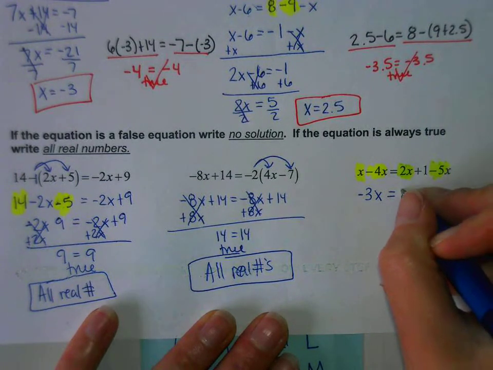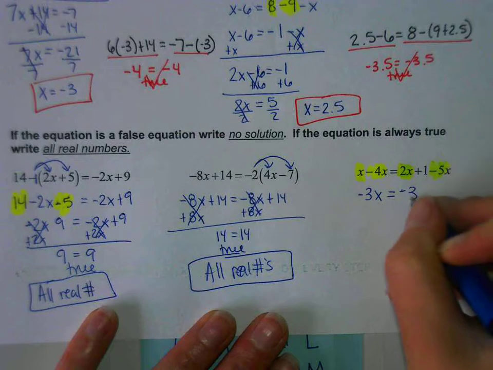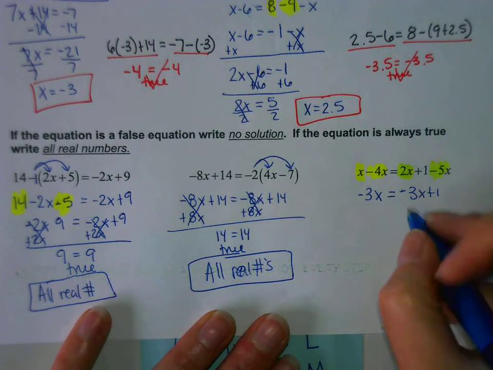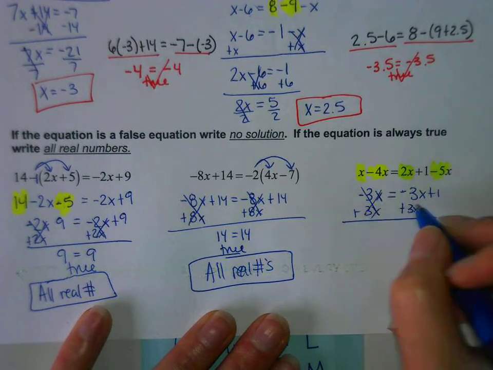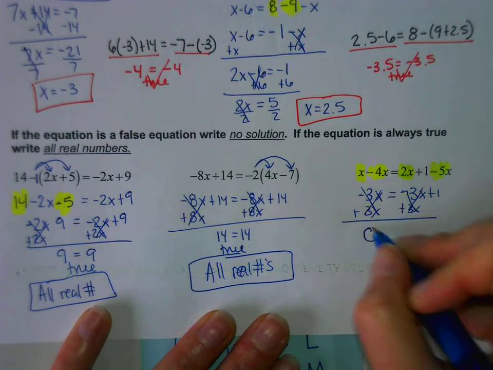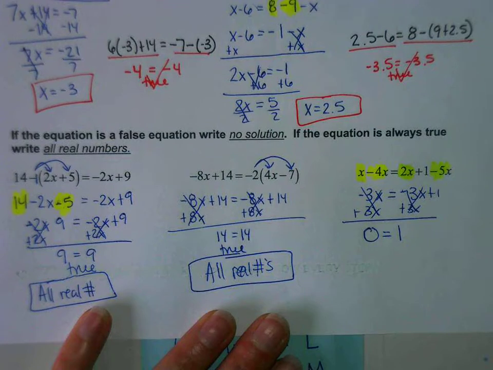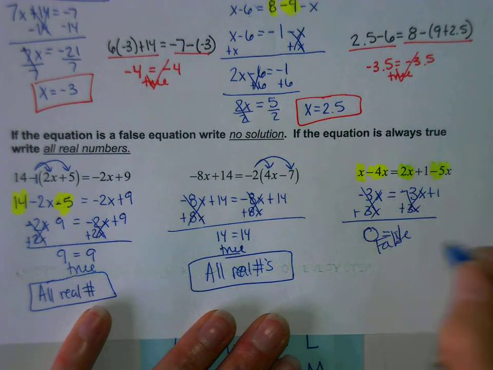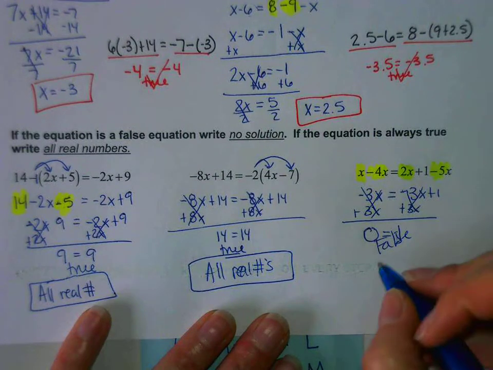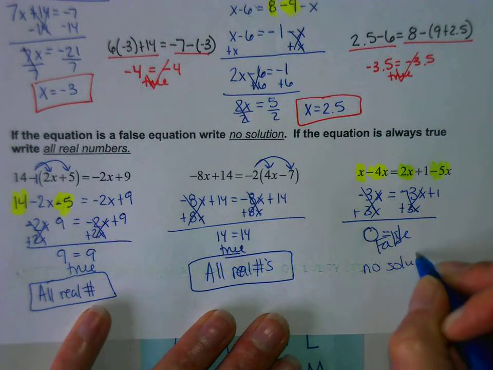So I am left with negative 3x plus 1. So if I add 3x to both sides, these both become 0. So that means I'm left with 0 on the left-hand side and a 1 on the right. This is a false statement. That is not true. 0 does not equal 1. So that means there are no solutions.